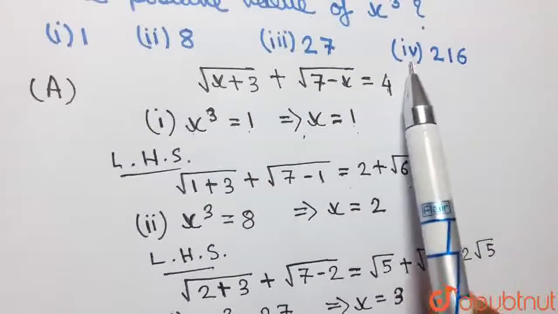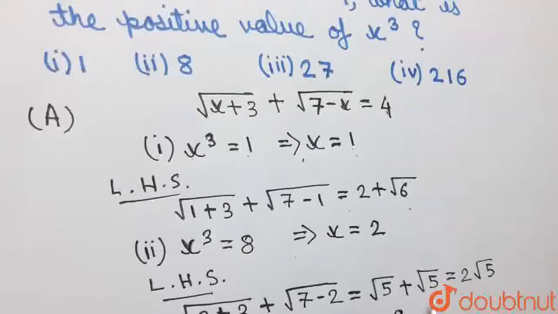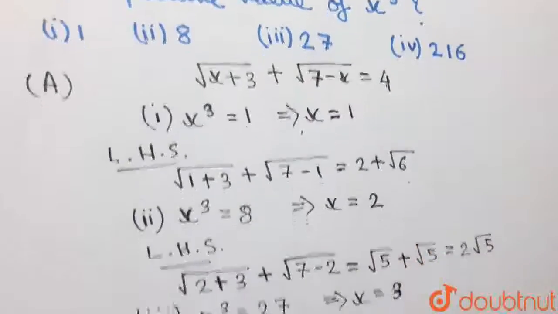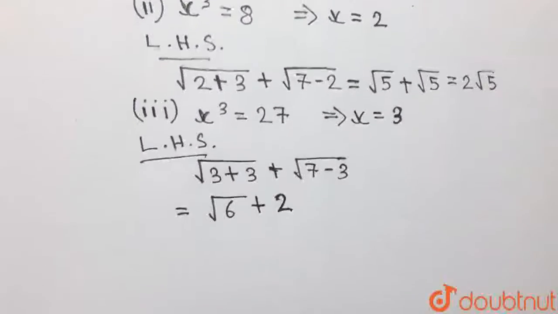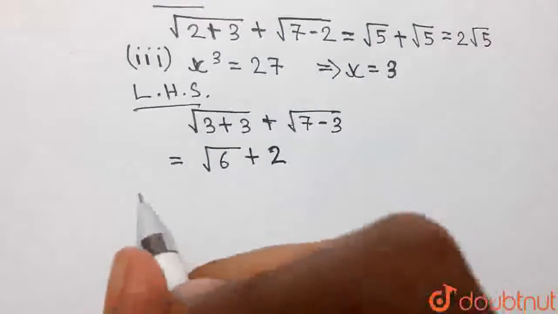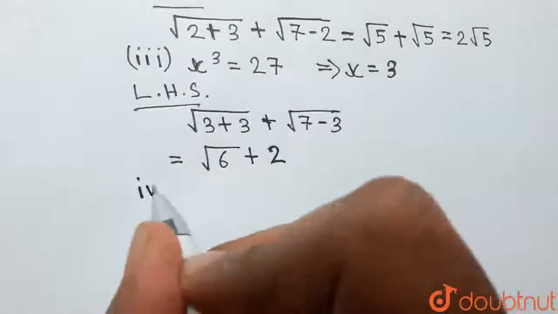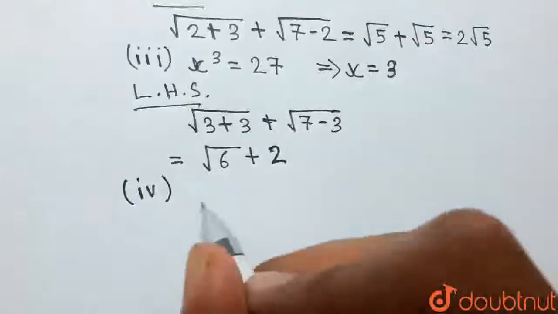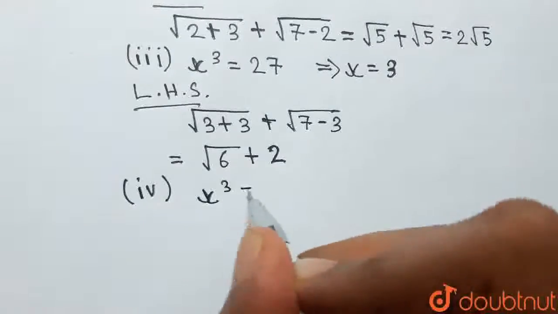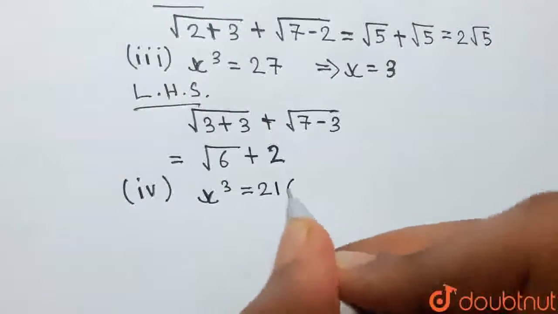Finally, moving on to option number 4, which is the last option. According to this, x cube should be equal to 216.